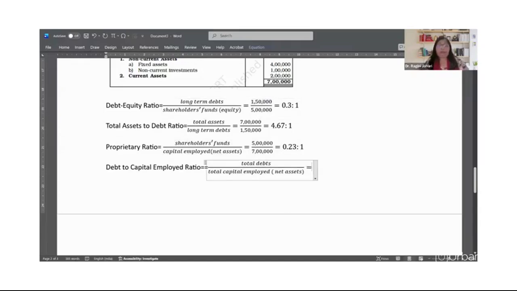So let us use these numbers: 1,50,000 divided by 5 lakh plus 1,50,000, that is 6,50,000. And the ratio that we are getting using these two numbers is 0.23 is to 1.